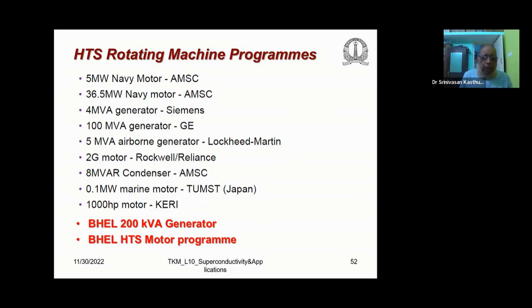I would like to bring before you 2 developments, for example, the BHEL Hyderabad 200 kVA generator program and the BHEL HTS motor programs, just to show you what these types of systems are.